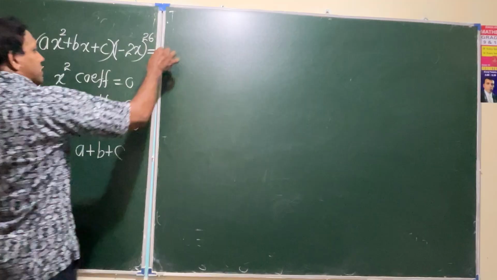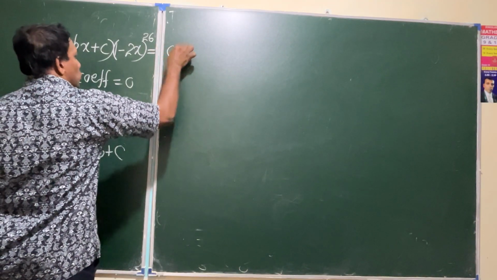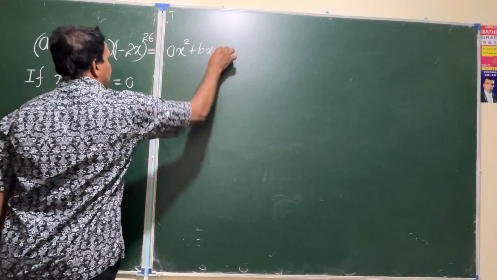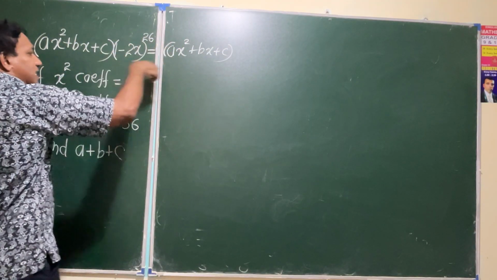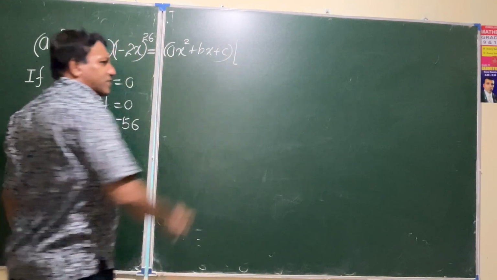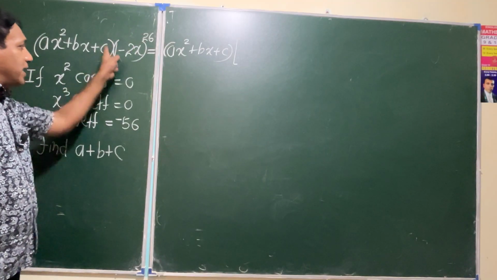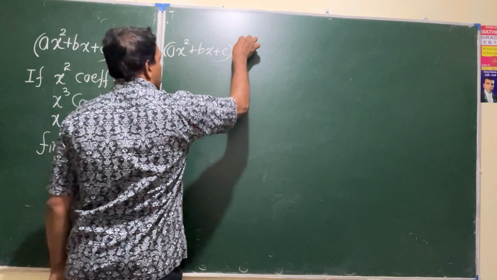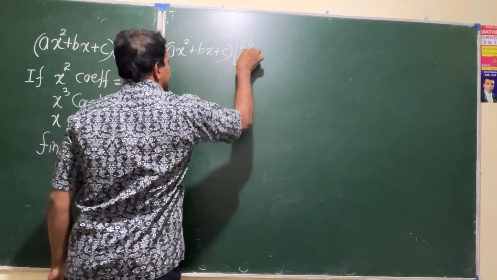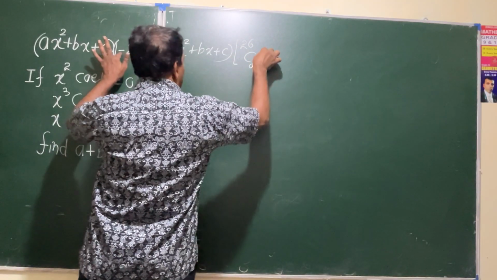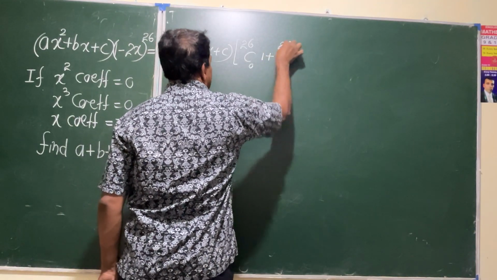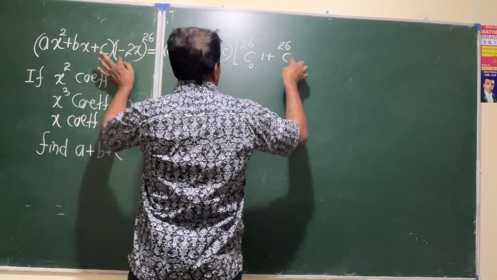Okay, we'll discuss. See my solution: (ax² + bx + c) into this expansion. I use some couple of terms. I follow the binomial theorem, the index n pattern. So nC0, so 26C0 times 1, okay, next plus 26C1.